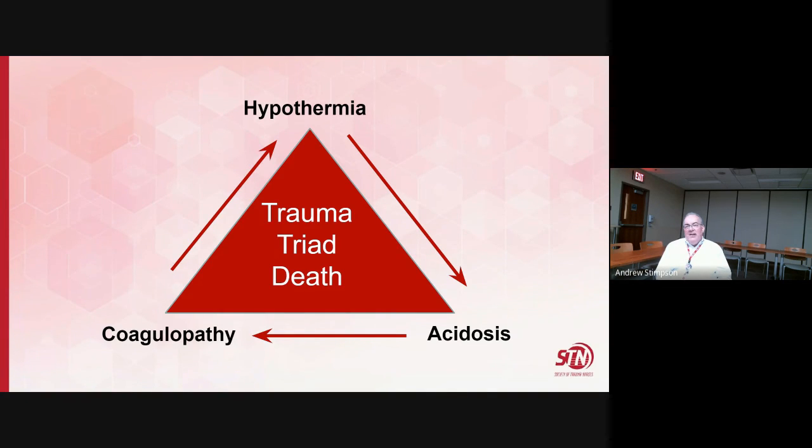The problem is this is not identified in the lab because you take blood out of someone whose temperature is, let's say, 92. When it goes to the lab, by the way the lab machine runs it, it warms the blood up to 37 degrees. So it's not that you don't have your factors, it's that they're not working properly in hypothermia.